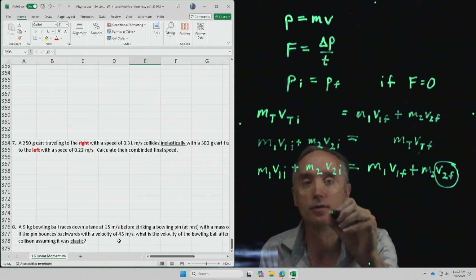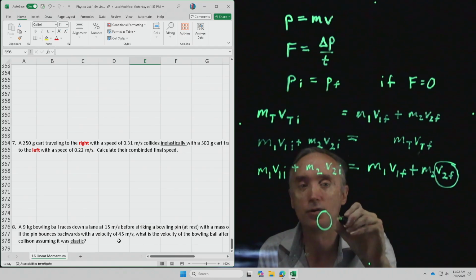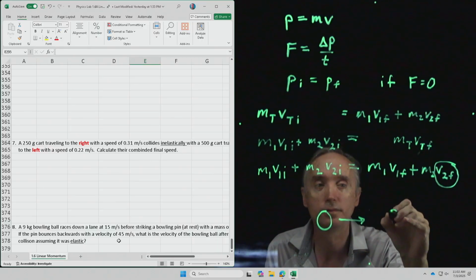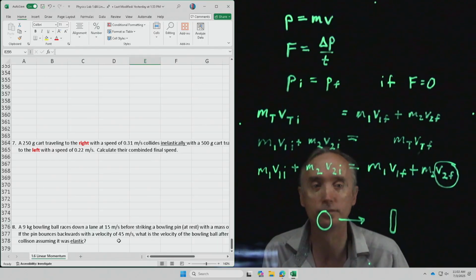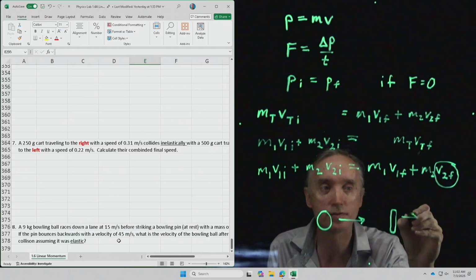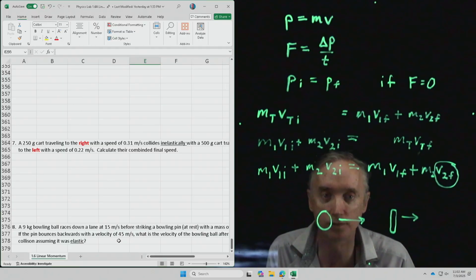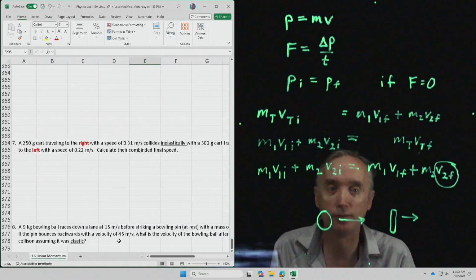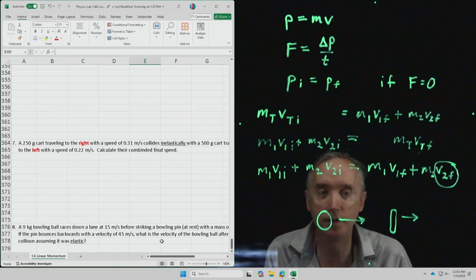So let's say that the ball is going in this direction, and then here is the pin. So the pin is going to bounce in this direction. It's going to go backwards. And so then what is the velocity of the bowling ball after the collision, assuming it's elastic?